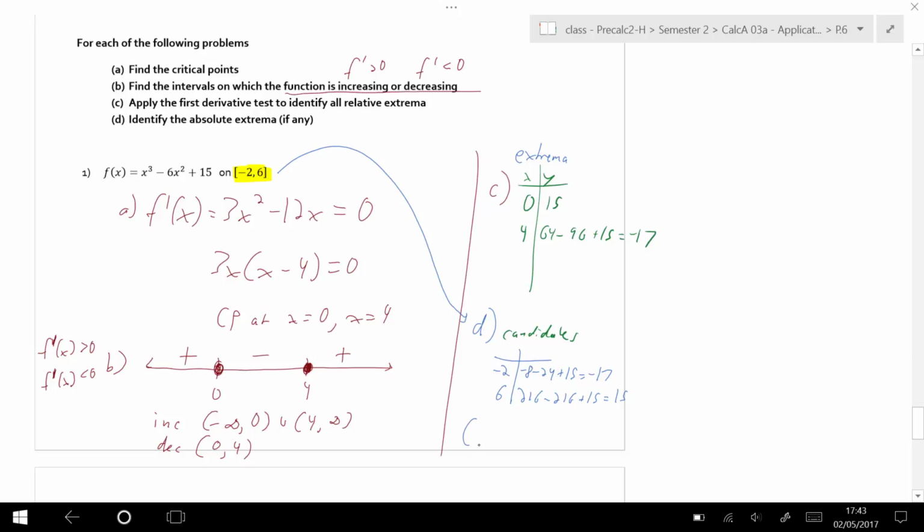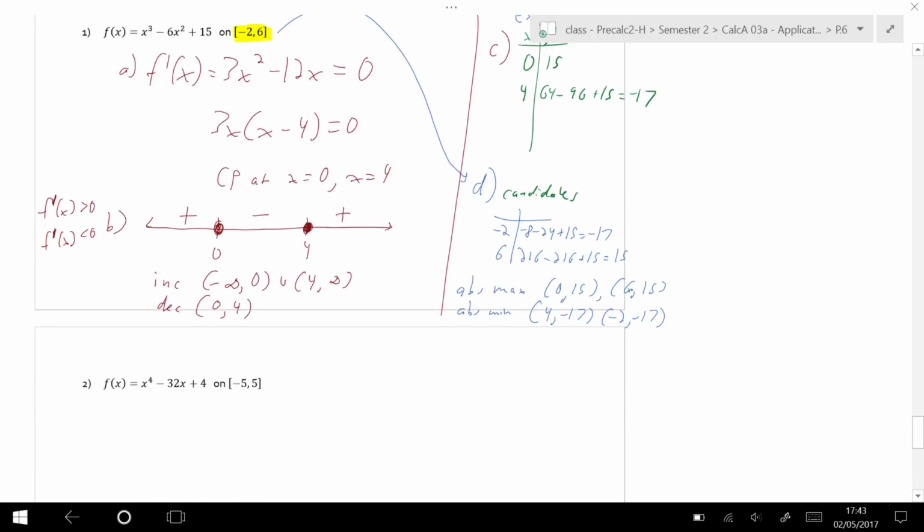So my absolute max occurs at 2 places, 0, 15, and 6, 15. And my absolute min occurs at 2 places, -17 and -2, -17. If it talks about value, my max value is just 15, and my min value is -17.